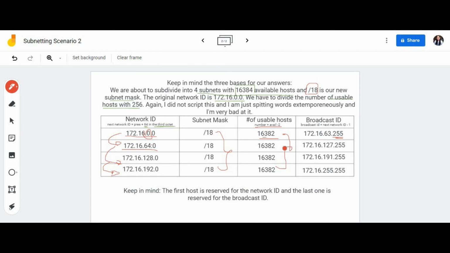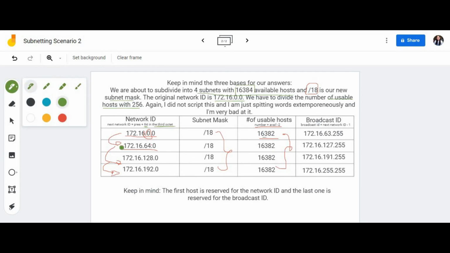When we're dealing with class B, again, I need to emphasize this so that you will know what's going on, if we're dealing with class B IDs, we can only manipulate the third octet. So the third octet is what we can manipulate from here. So we'll just basically get this 64, which is our next network ID, minus 1, and just place it here.